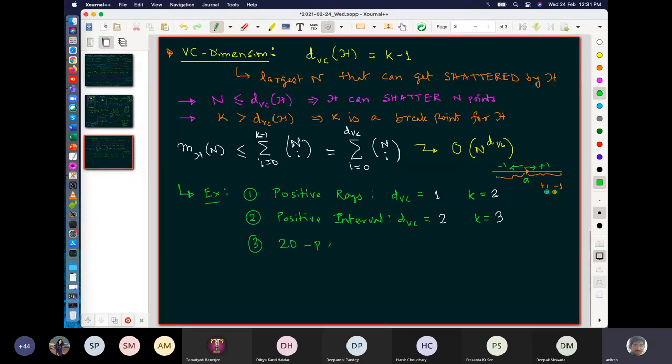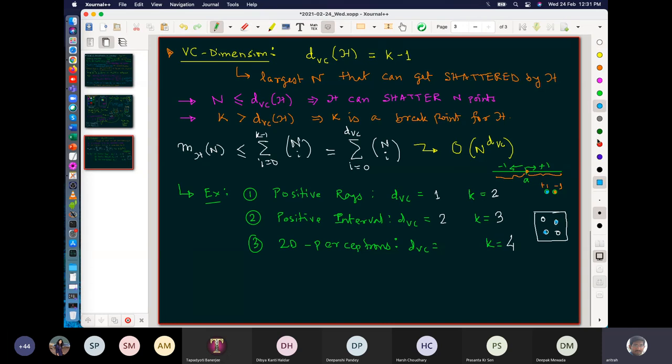2D perceptrons. What did we establish? This is 4, we established, right? Because with 4 points I cannot shatter. Every combination, I cannot shatter this.